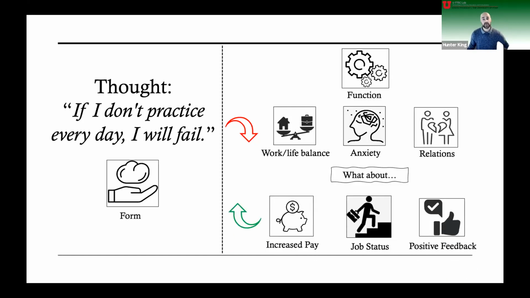You could get increased pay by practicing things over and over again to where it's very polished and you're not making mistakes. This could lead you to get promotions, job status, or positive feedback from your employer or supervisor or from your colleagues. This is what I mean by first order versus second order change. Second order change in third wave therapies really looks at the context of all these behaviors and what we're doing, as opposed to just throwing them out or trying to change them.